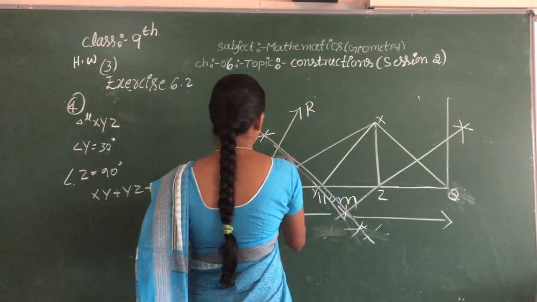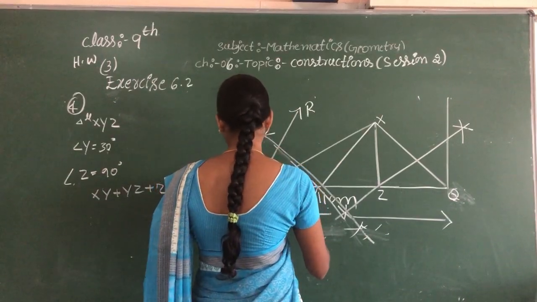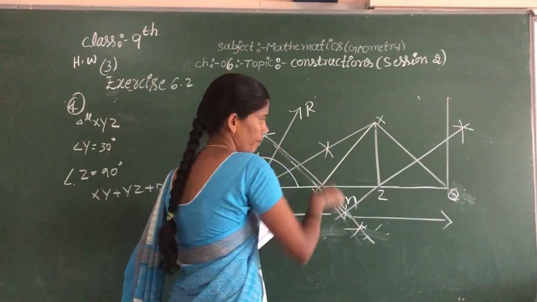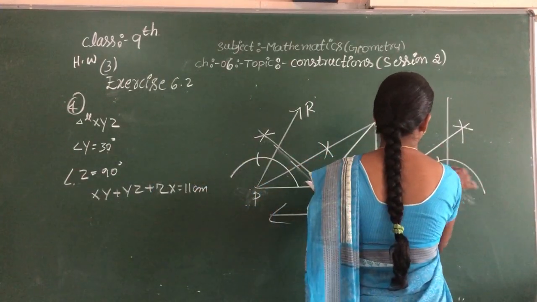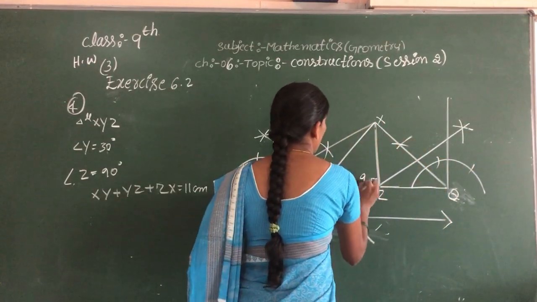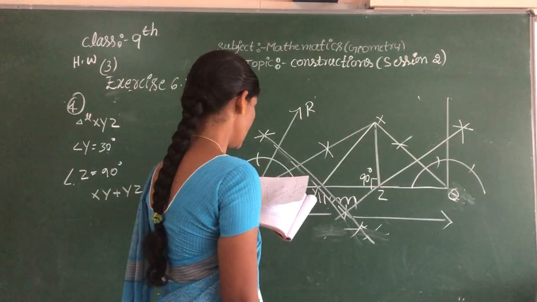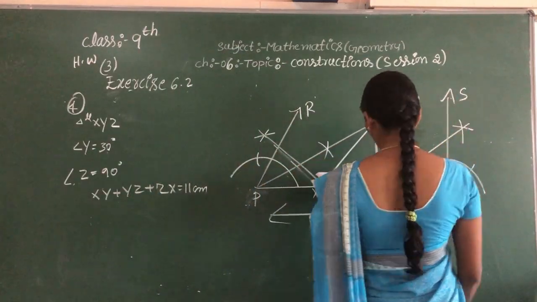Here we should cut one R and here one R, join, and here one R and join. So this is 90 degree. Okay children, give that name. This is S. Okay.